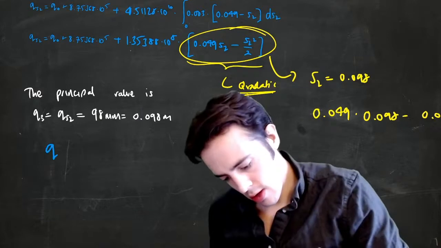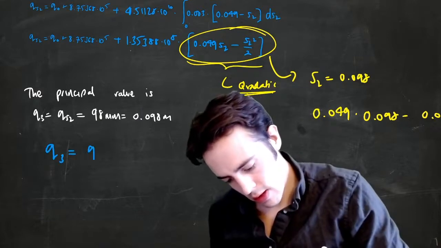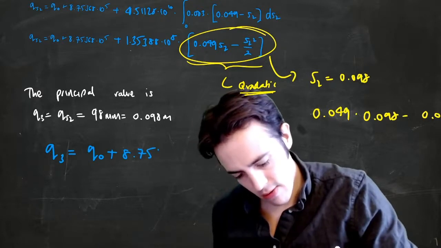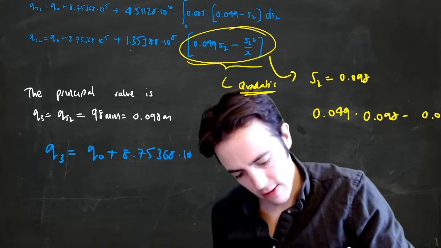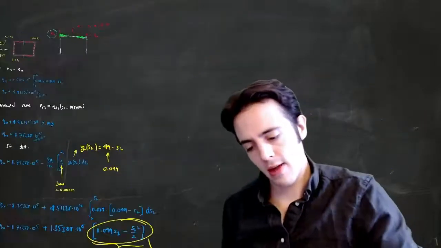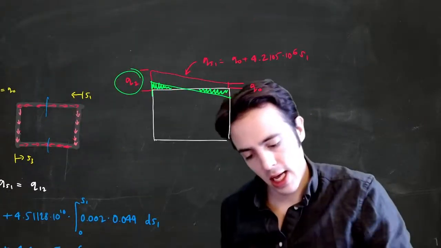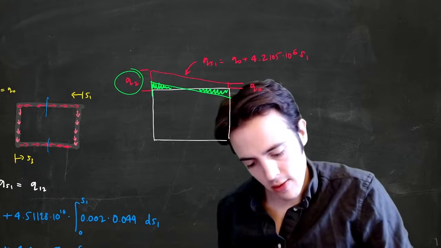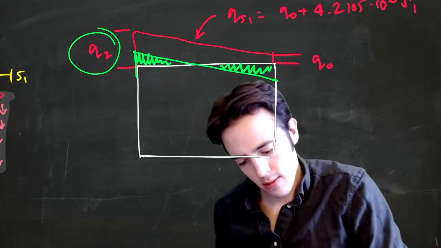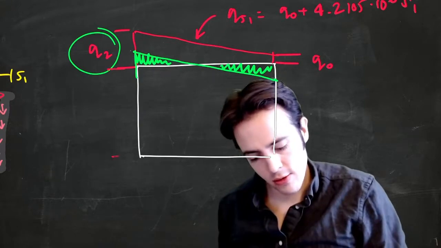So Q3 is equal to Q0 plus 8.75368 times 10 to the 5, which is equal to Q2. Okay, so that means that our distribution is symmetric here. So we've got symmetric and quadratic.